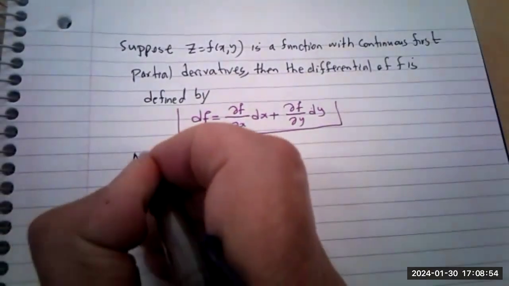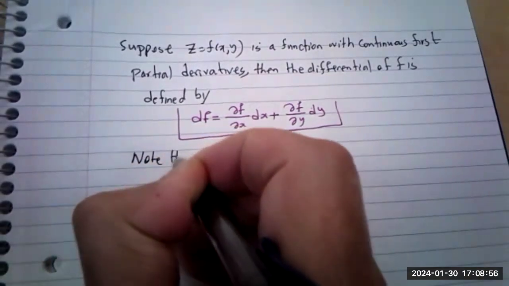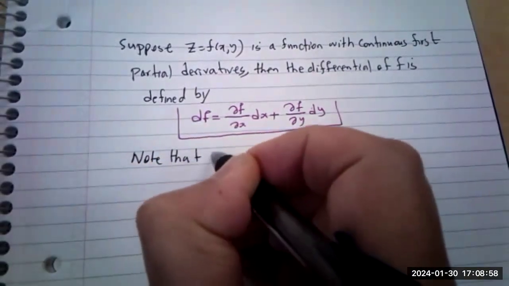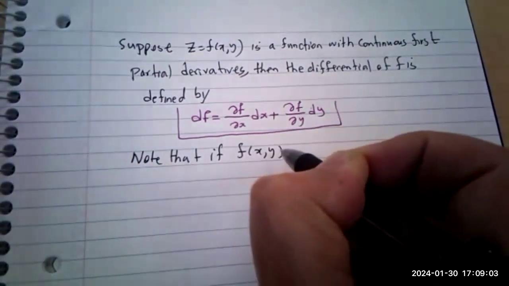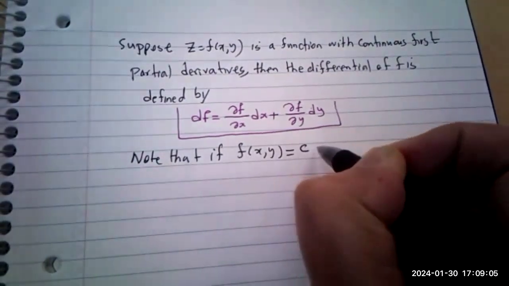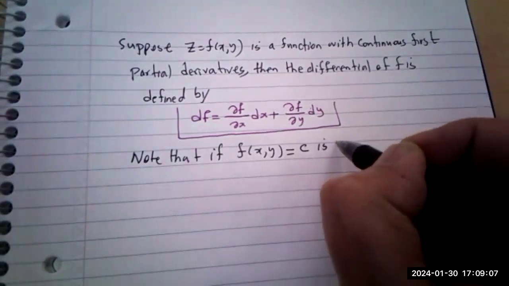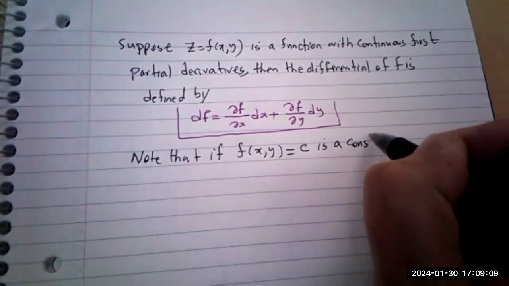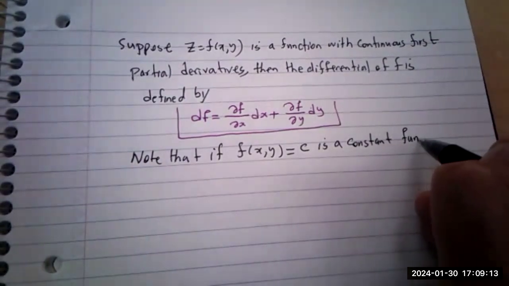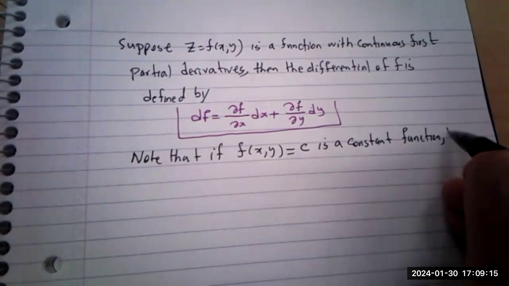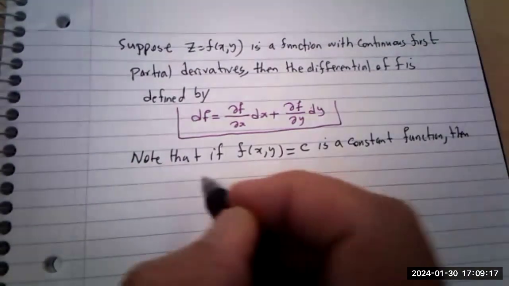So note that, as I mentioned, if f is constant, if f of x comma y is equal to c, a constant function, then the derivative of a constant function is 0.